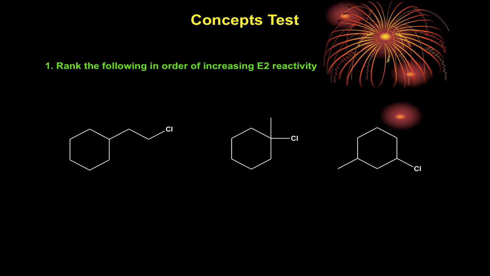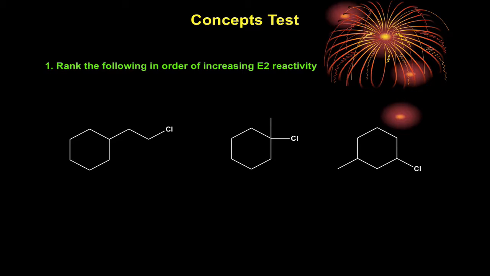Rank the following in order of increasing E2 reactivity. Least reactive to most reactive. Which one's going to be the least reactive?